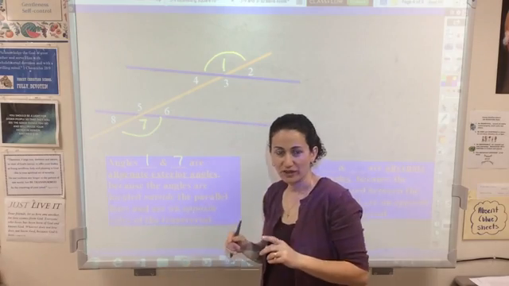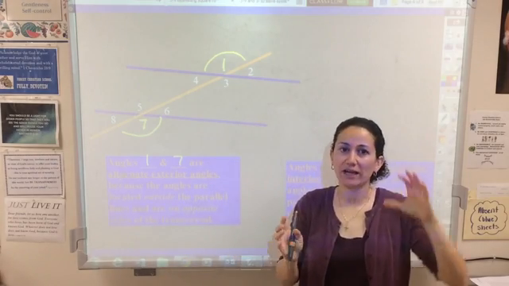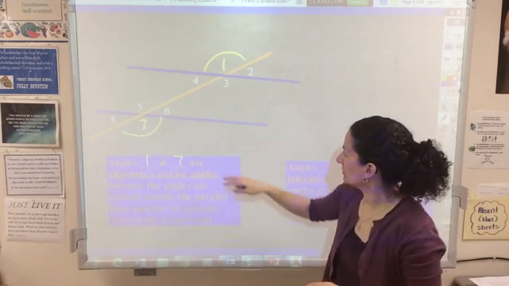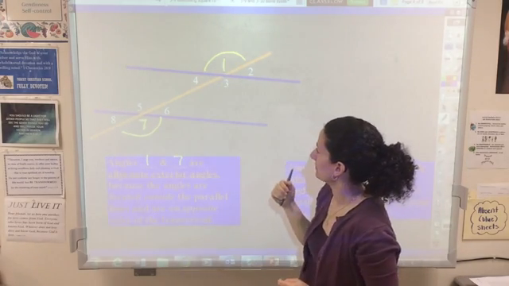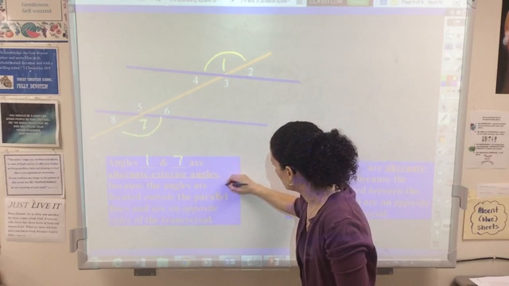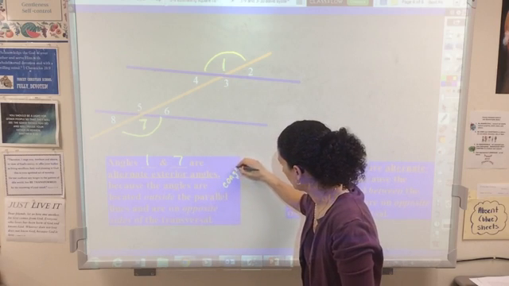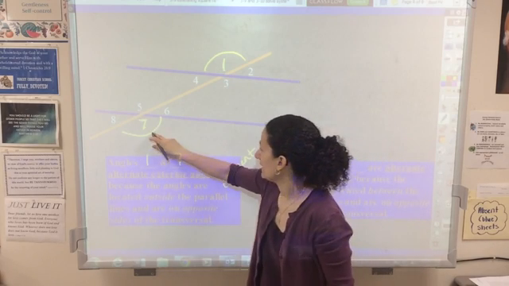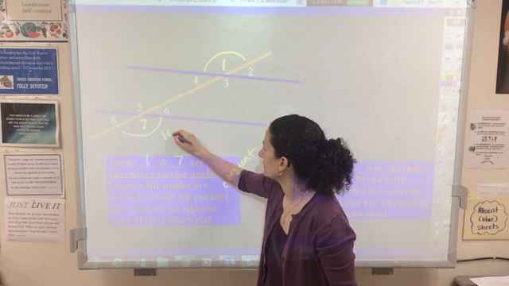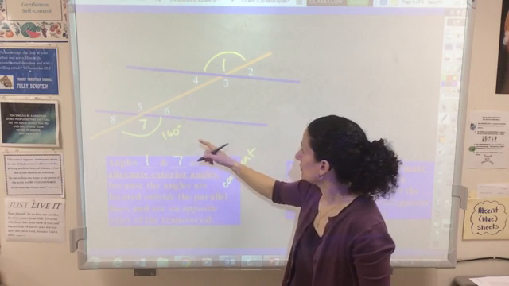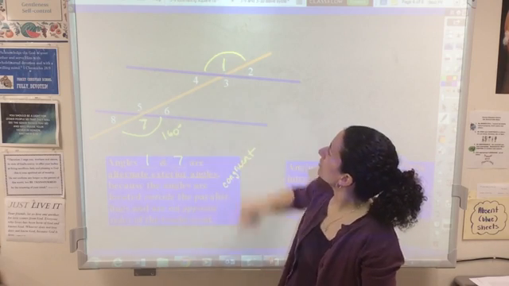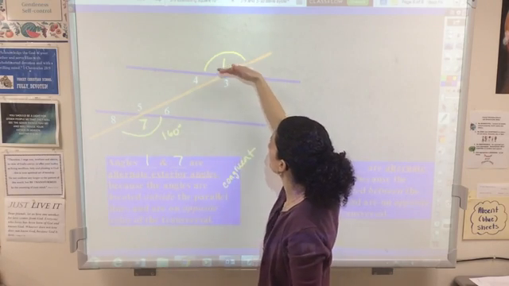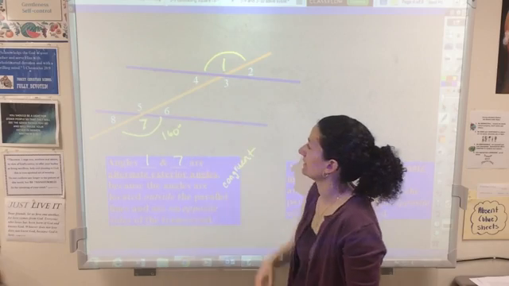There's another way to find angle measures. If you can identify alternate exterior angles, they're equal. You can kind of tell, look, they look the same. They are equal. So go ahead and write that down as well. They're congruent. So if I told you this angle right here is 160 degrees, then you would automatically know, oh, angle 1 is also 160 degrees because it's on opposite sides of the transversal outside the parallel line.